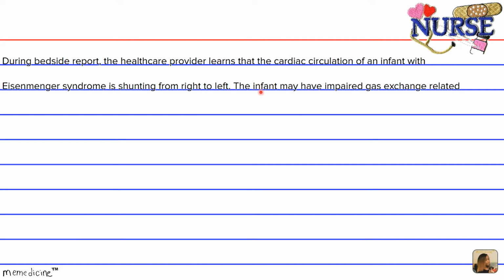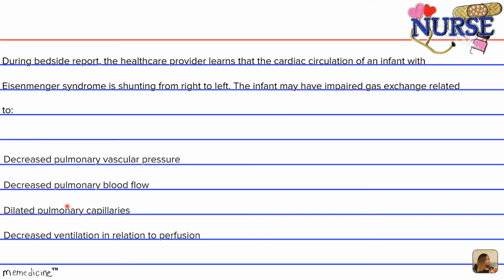The infant may have impaired gas exchange related to A, decreased pulmonary vascular pressure, B, decreased pulmonary blood flow, C, dilated pulmonary capillaries, or D, decreased ventilation in relation to perfusion.